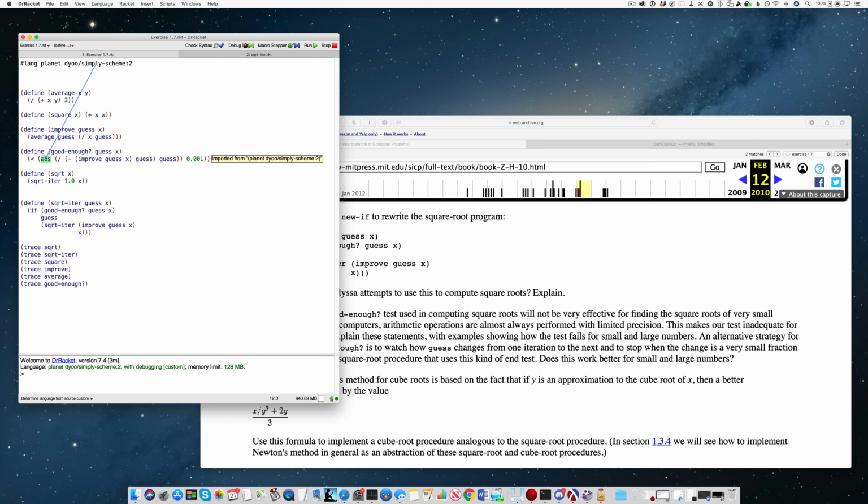So if we want to see what the relationship is between the current guess and the improved guess, and judge the amount of difference, then we can do that just by calling improve and giving it a guess and the number that we're looking for.